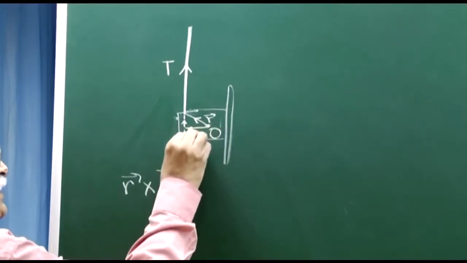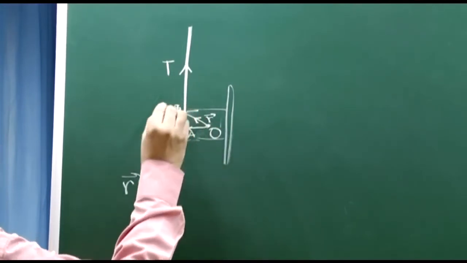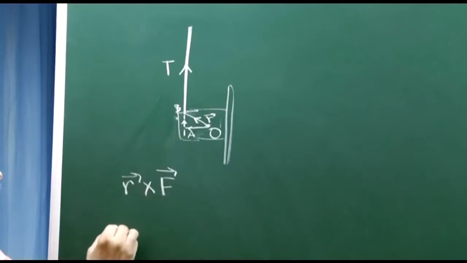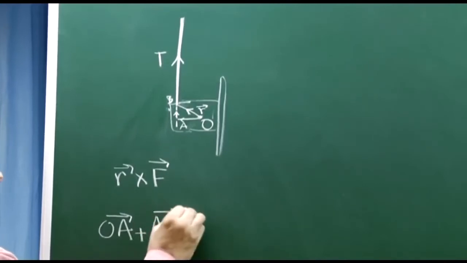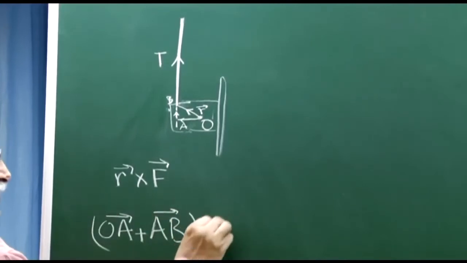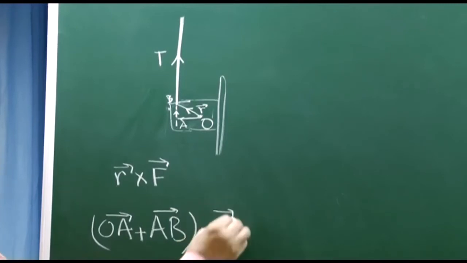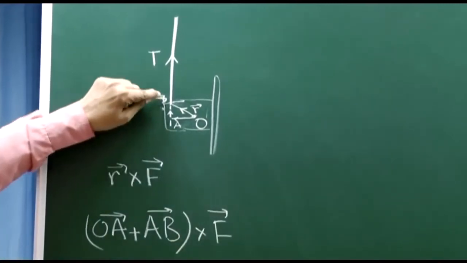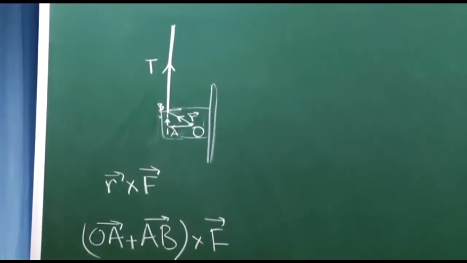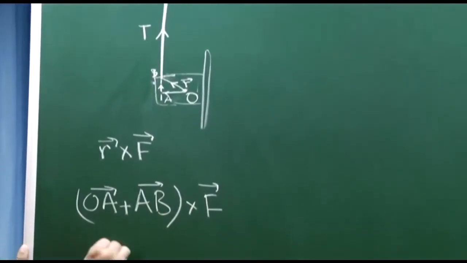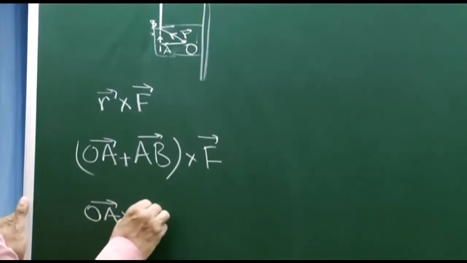Let me call this point A and this point B. We had done it earlier. So this is OA plus AB, and cross product with the force, which is the tension here. AB cross this tension will be 0, so it is essentially OA cross F.